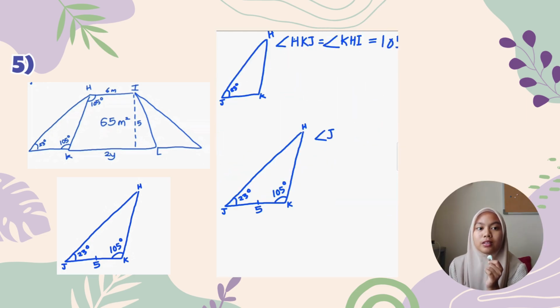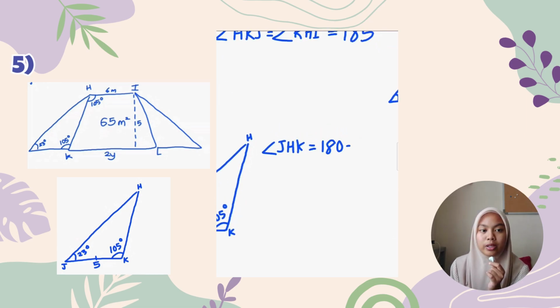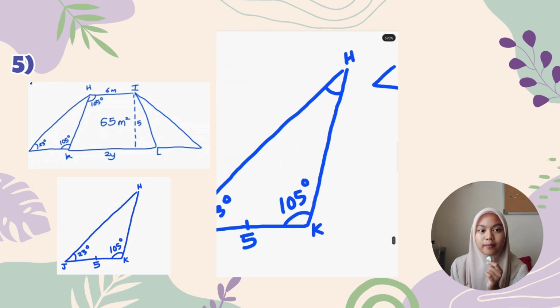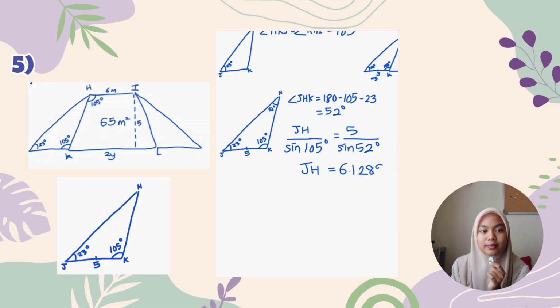Then the angle JHK is equal to 180 minus 105 minus 22, equal to 52 degrees. Using the law of sines, JH over sine 105 degrees is equal to 5 over sine 52 degrees. So JH is equal to 6.1289 meters.